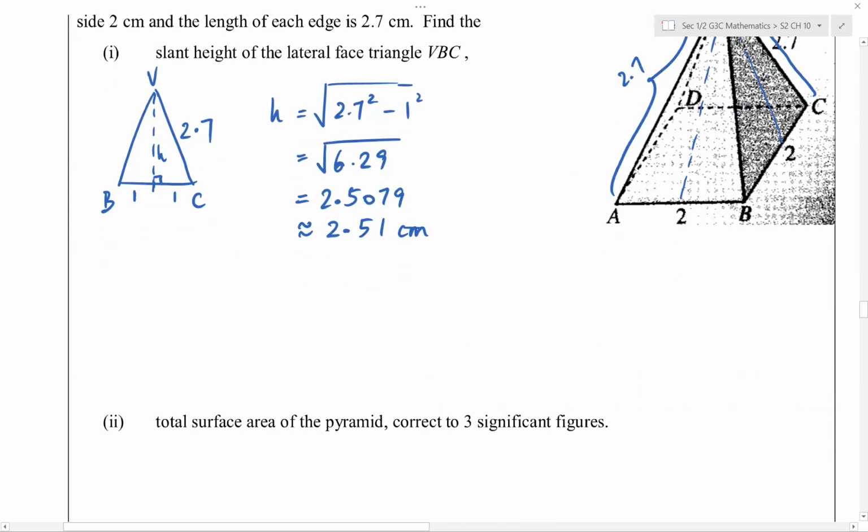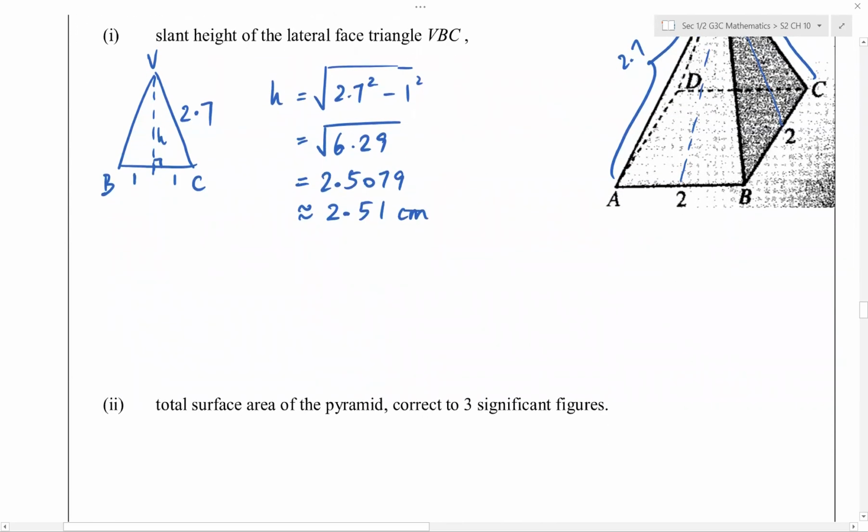So now find the total surface area of the pyramid, which you can do already, because you've now got the perpendicular height. Total area will be 2 square, that is the base, plus 4 of those same triangles, half times the base, which is 2, times the perpendicular height. So what will you use as the perpendicular height?